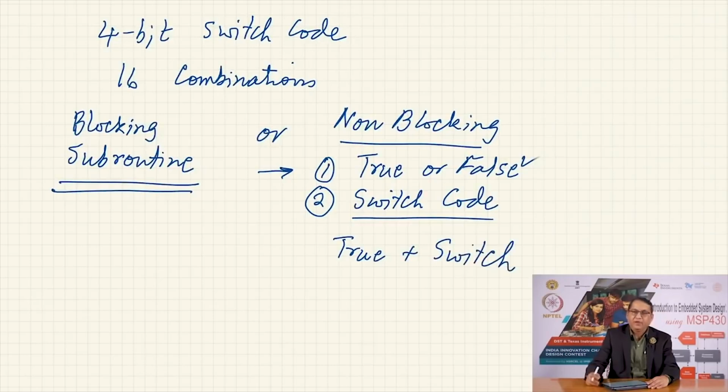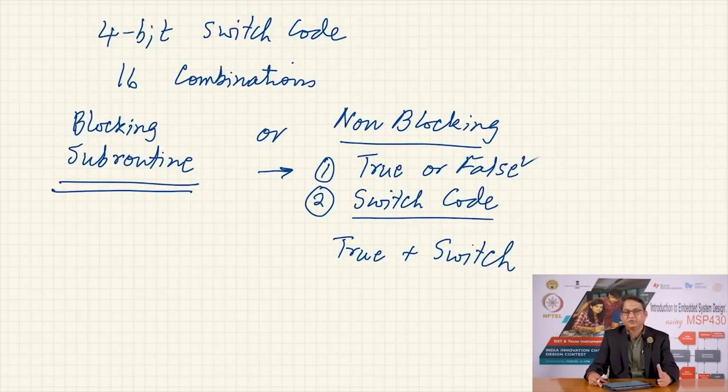So, when the main program calls a read keyboard subroutine written in a non-blocking format, when the subroutine returns, it first checks the true or false return value. If it is set to true, then it will know that a switch was pressed, and it will find out which switch was pressed by looking at the switch code. And this is the most common method of writing a subroutine for a switch matrix.